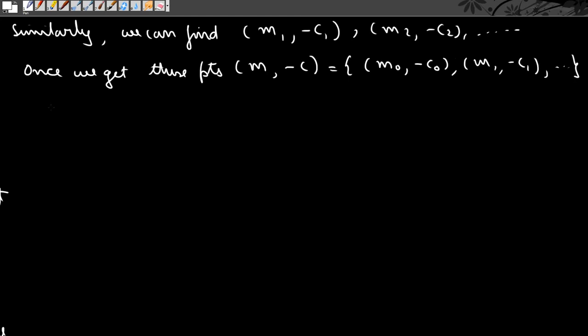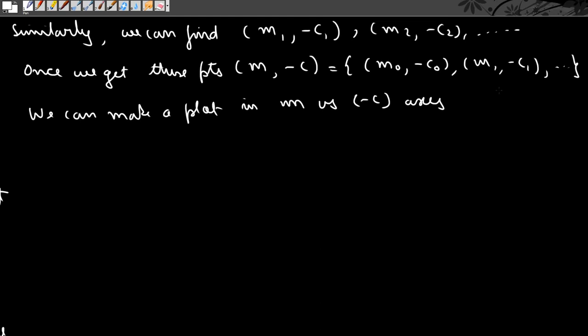Once we have these points, we can make a plot in m versus minus c axis, because minus c is a function of m.